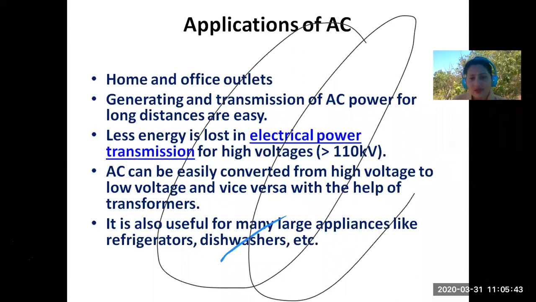AC can be easily converted between high and low voltage with the help of transformers. You know what transformers are, right? You have seen them, I believe. Transformers are used to raise or lower the voltage.